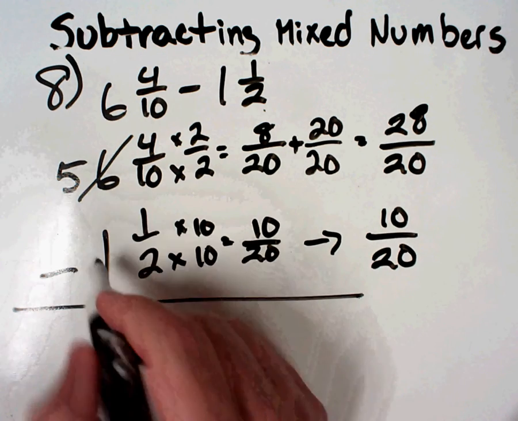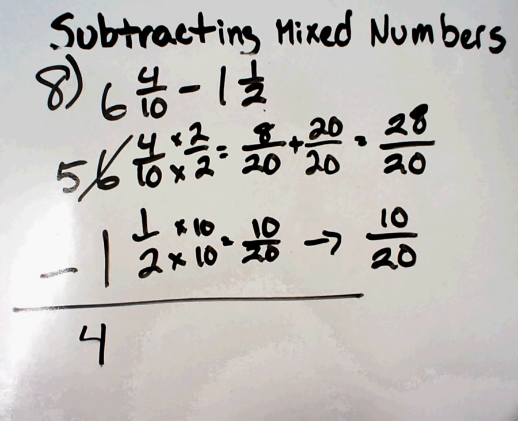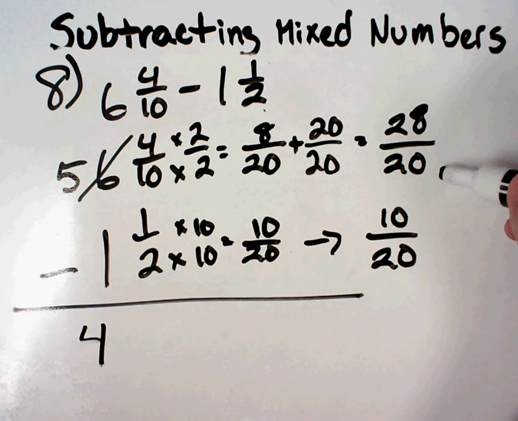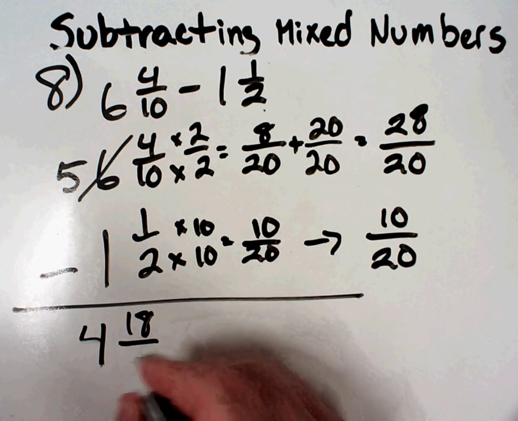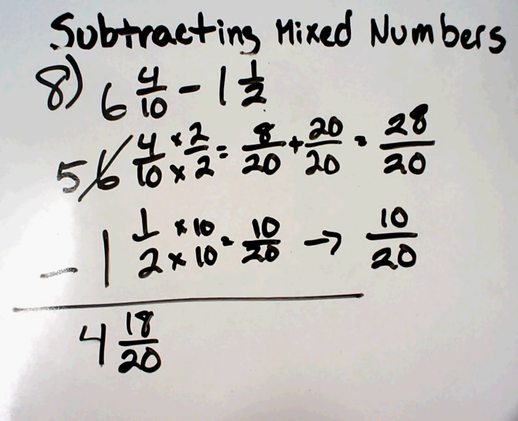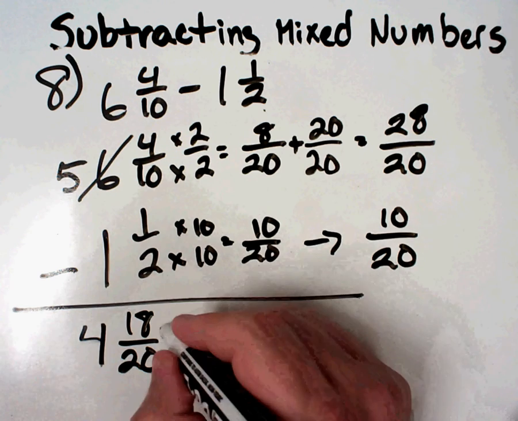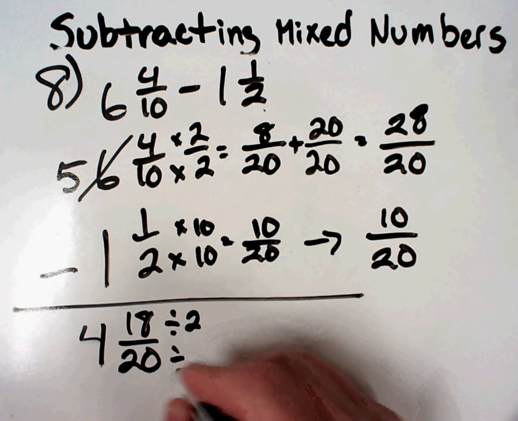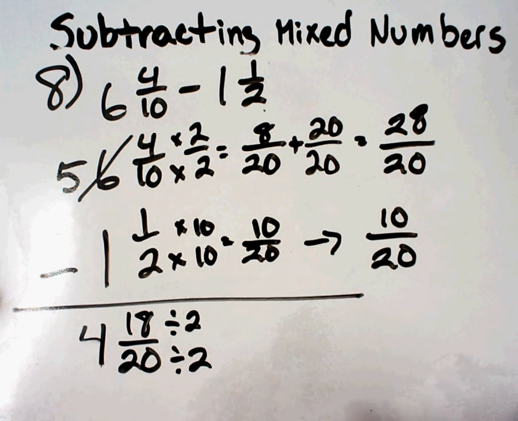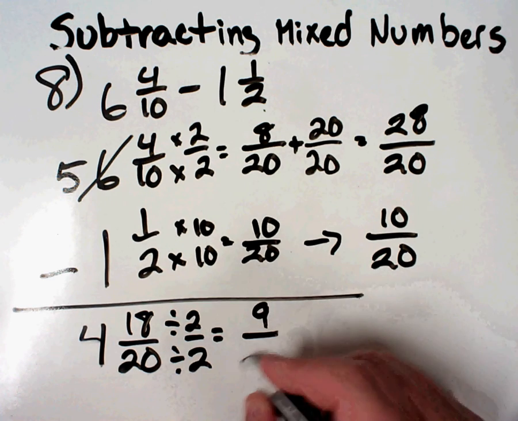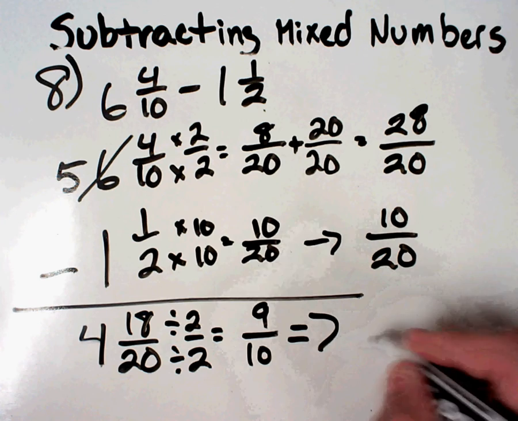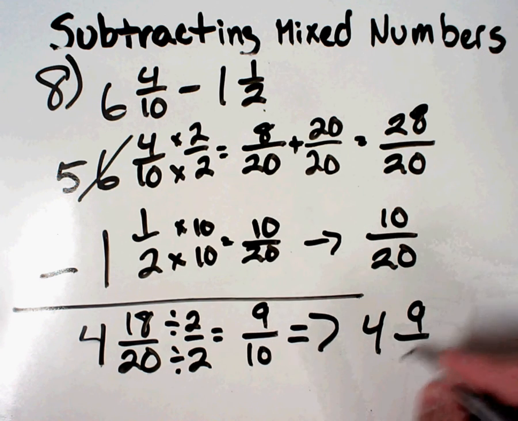So 5 minus 1 gives me 4. 28 twentieths minus 10 twentieths gives me 18 twentieths. Both of these numbers are even, so I can divide by 2 because I need to simplify. And so I end up with 9 tenths, and my final answer is 4 and 9 tenths.